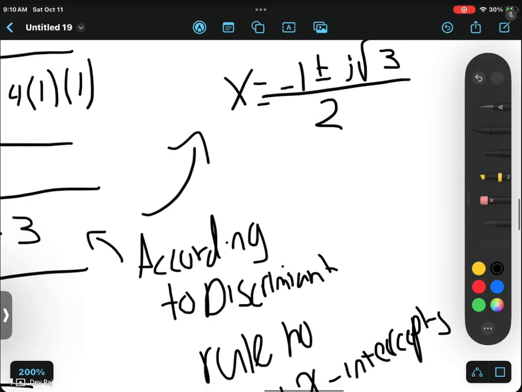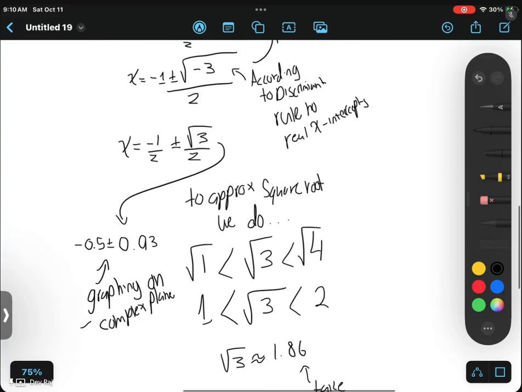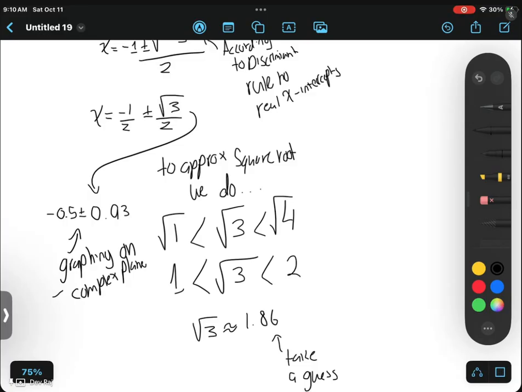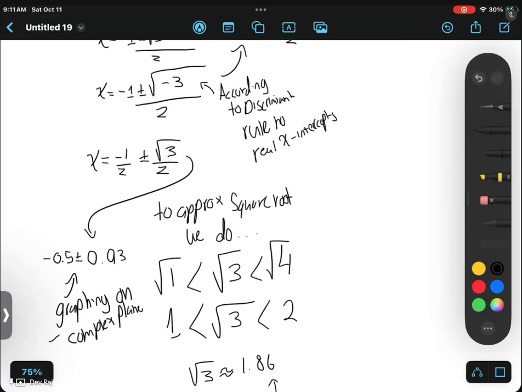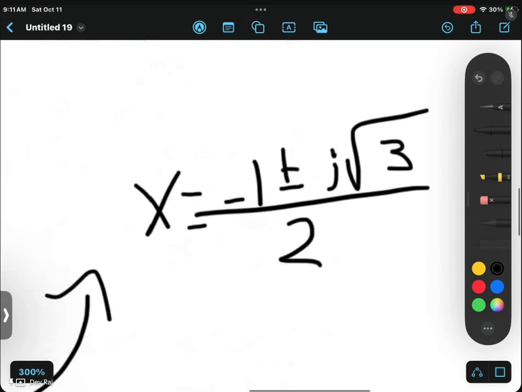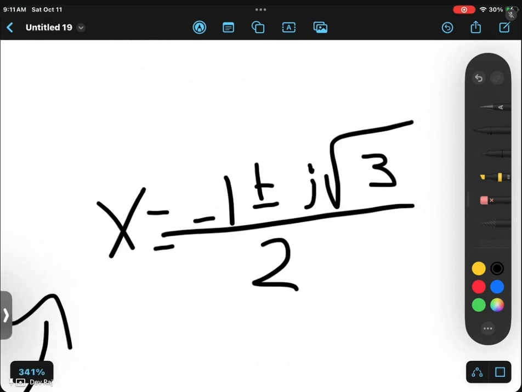Do you see how when we took the square root, we took it of positive 3? We can't really take the square root of a negative number because nothing equals that. That's why we use the letter i, to signify that we're multiplying by a negative. Is that clear?